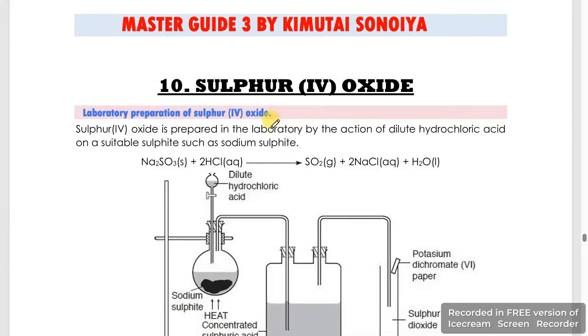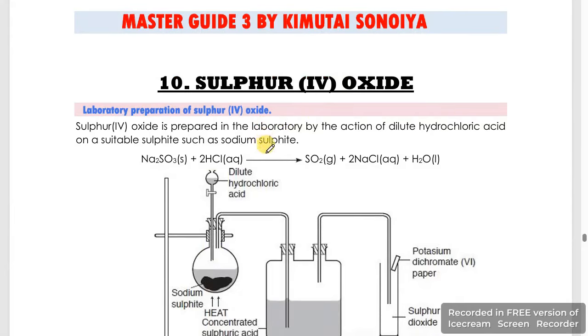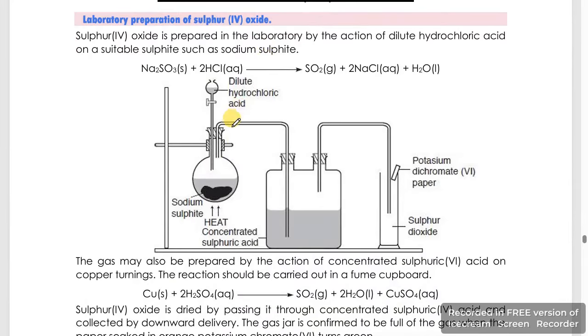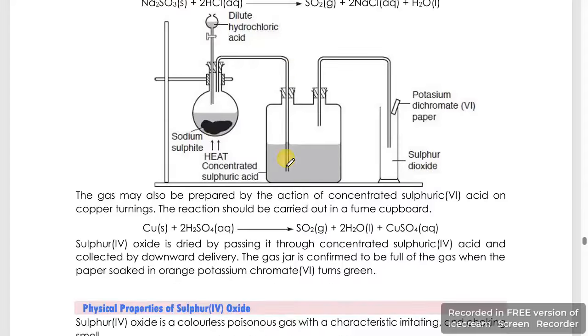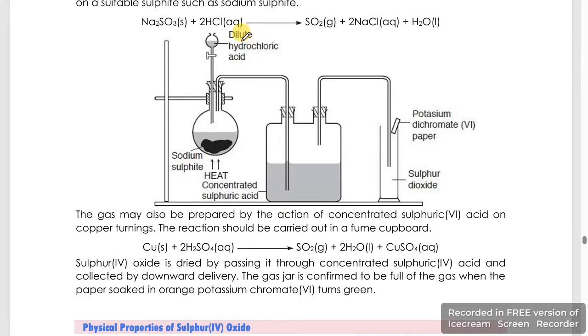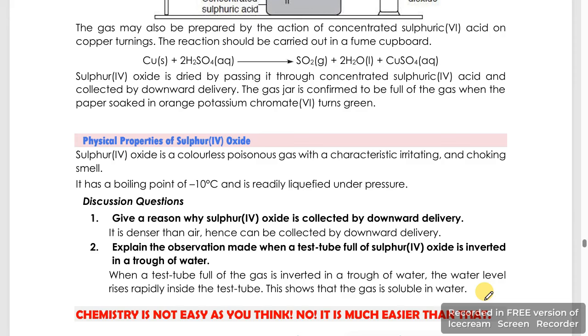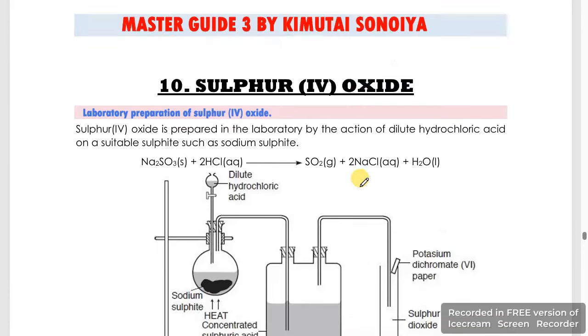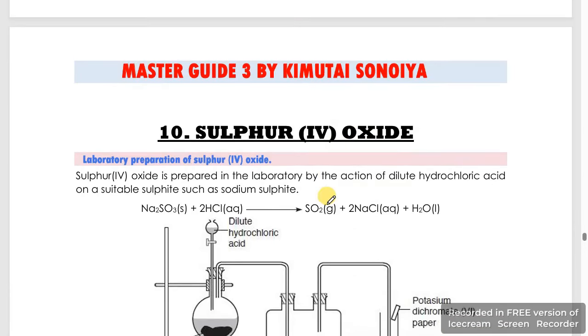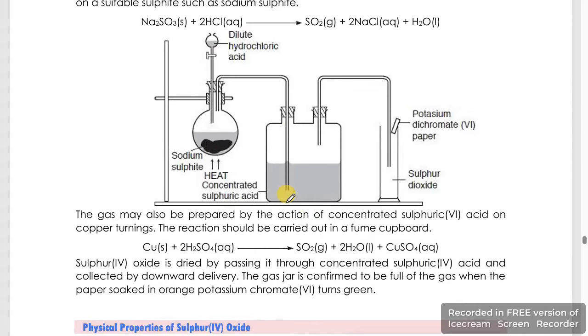Sulfur 4 oxide, we are now in sulfur and its compounds. You should know how sulfur 4 oxide is prepared in the lab. Dilute hydrochloric acid reacting with sodium sulfite, and then it is collected by downward delivery. Sulfur 4, the reagents.